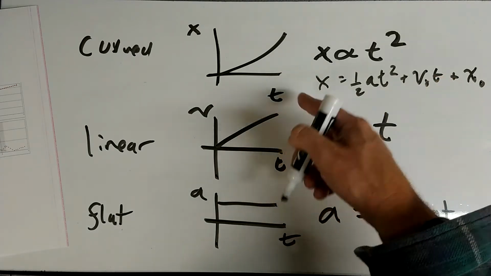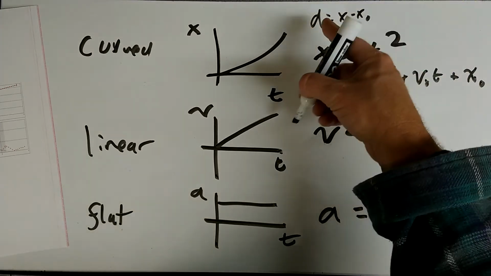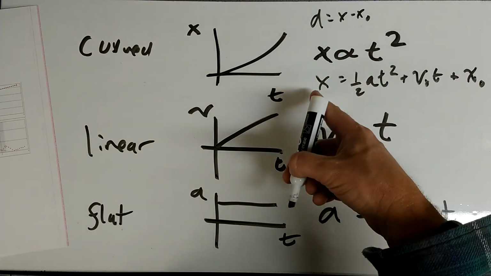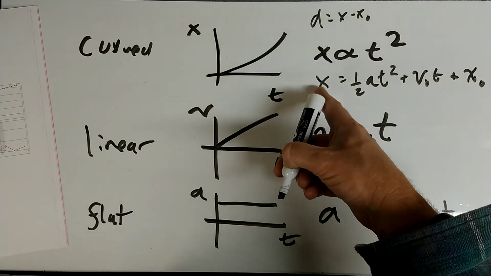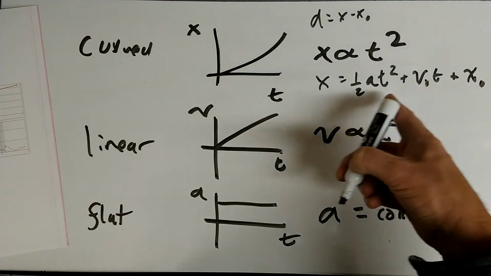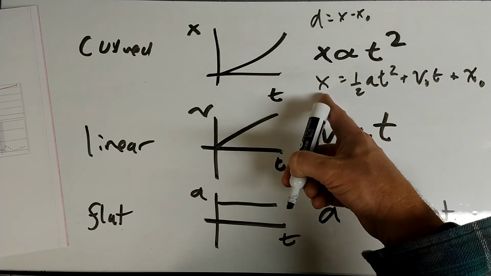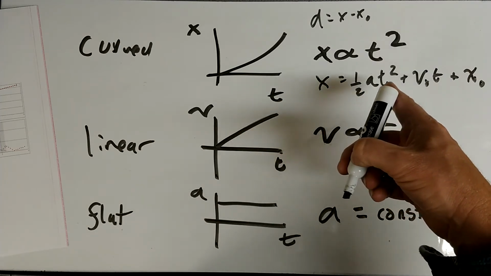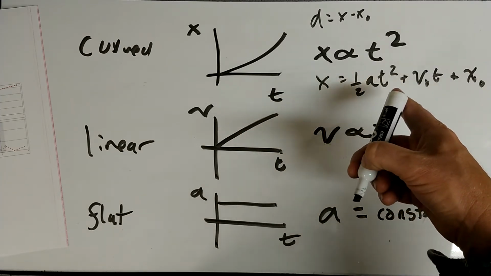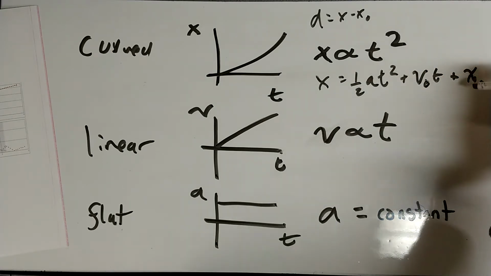Well, d, or delta x, is just x minus x naught. It's the change in position. So if we put in d there, and all we would do was move the x naught over to the other side, you end up with this form. This is the more powerful form of the equation, really. This is your position at any time is equal to 1/2 the acceleration times the time squared plus the initial velocity times time plus the initial position wherever it started.